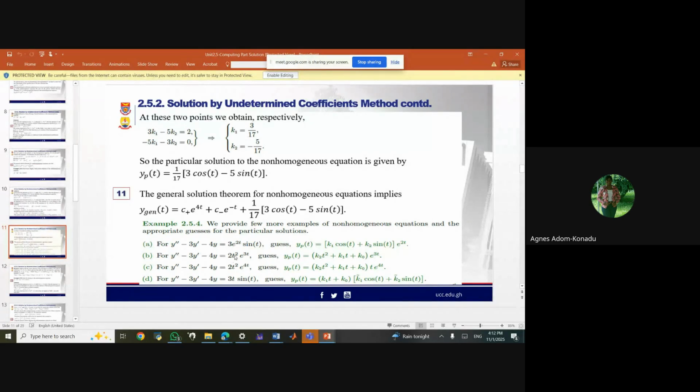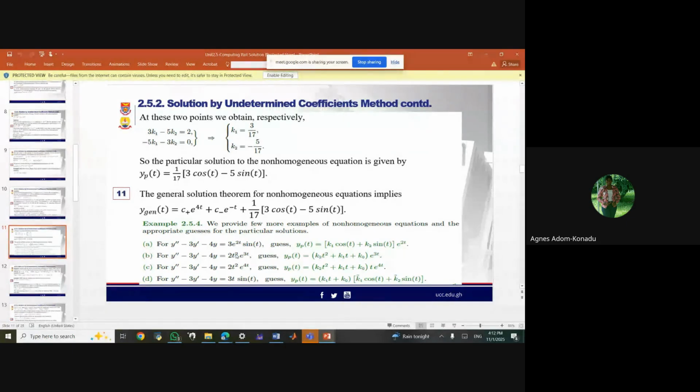And this one, t to the power 2 is a polynomial function. For the guess of a polynomial, the degree of the polynomial also counts. If it is to the power 2, then I have to get K2 t to the power 2 plus K1 t plus K naught.